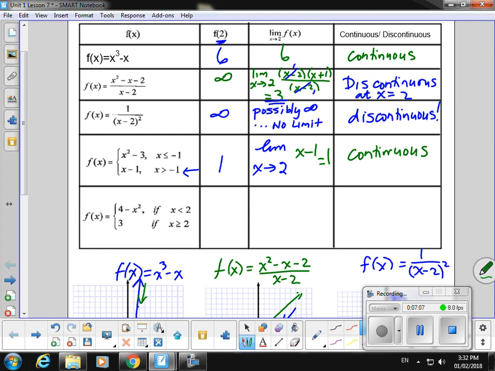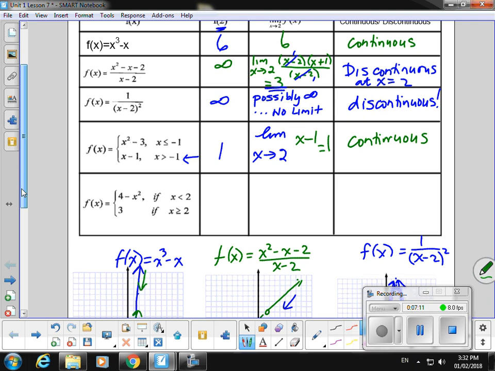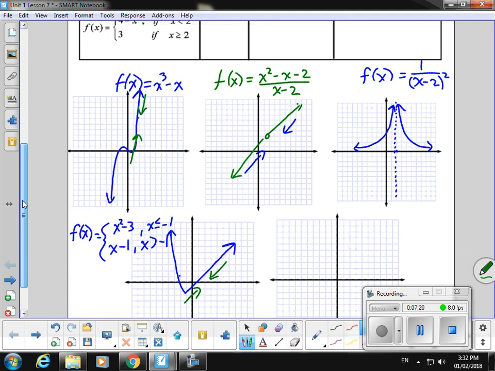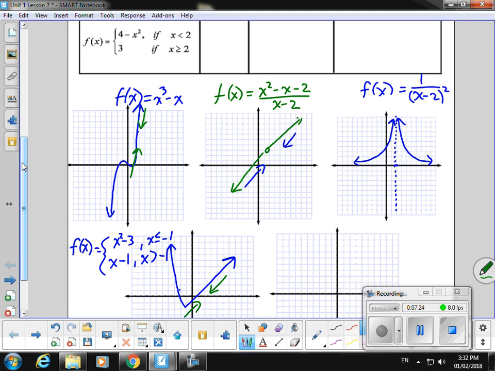Okay. The next one, 4 minus x squared if x is less than 2, 3 if x is greater than or equal to 2. So if x is greater than or equal to 2, my function has a value of 3. For values less than 2, I have 4 minus x squared.